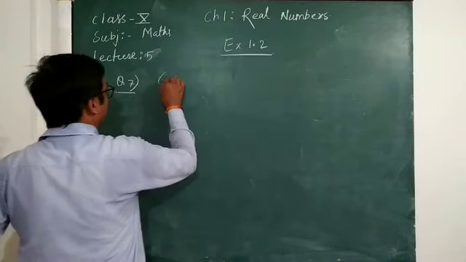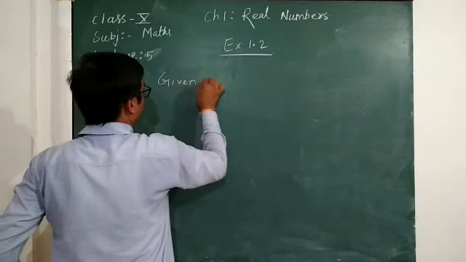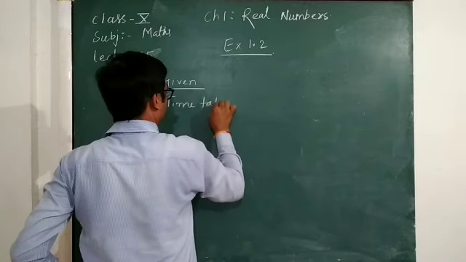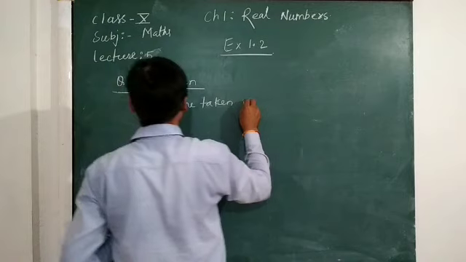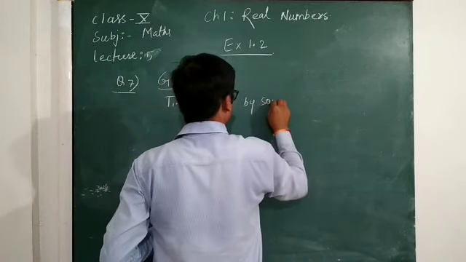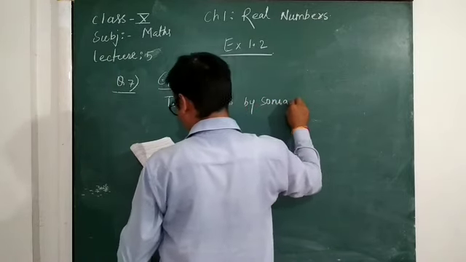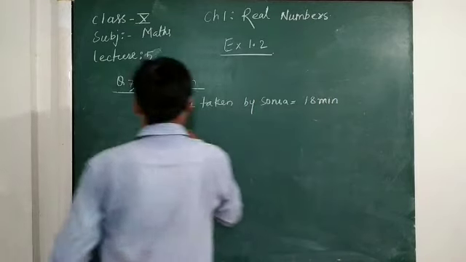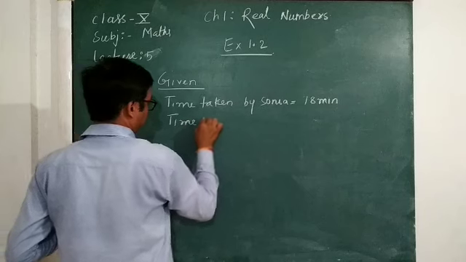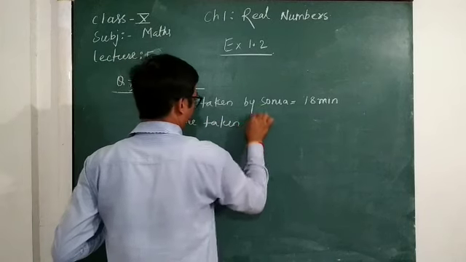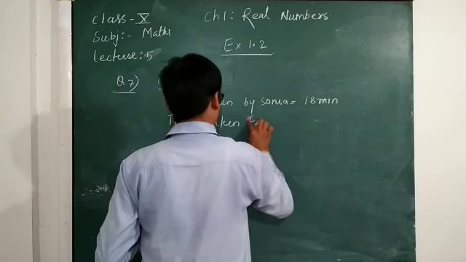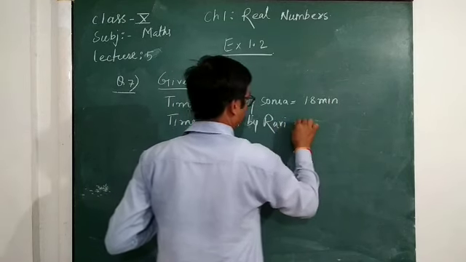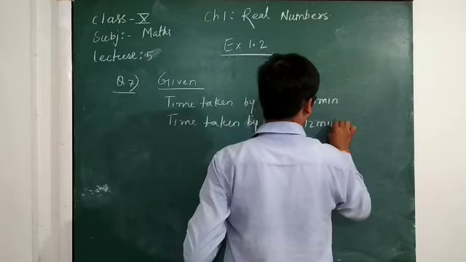So given here, time taken by Sonia is equal to 18 minutes, and time taken by Ravi is equal to 12 minutes.